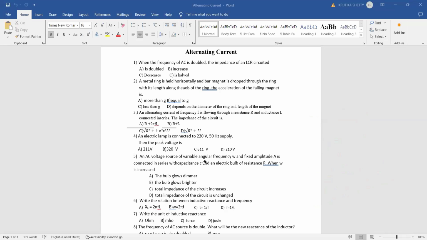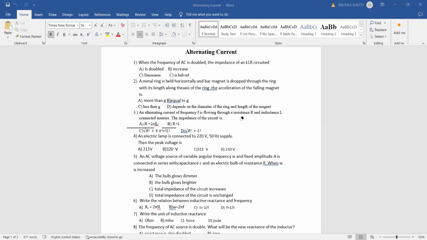An AC voltage source of variable angular frequency omega and fixed amplitude A is connected in series with capacitance C and an electric bulb of resistance R. When omega is increased, what happens to the bulb?